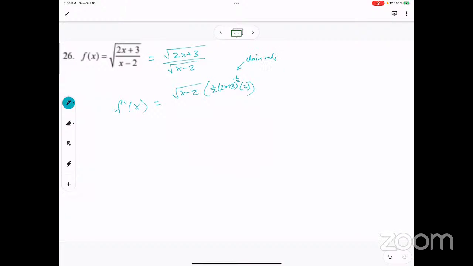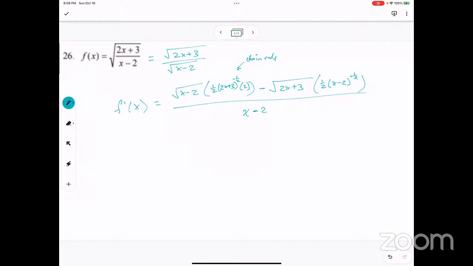Okay, minus high d low, which technically I don't really need the chain rule because the derivative of the inside is just 1. So really, I don't even need to do the chain rule. I just have to take the derivative of it, which is 1/2 x minus 2 to the negative 1/2, all over low squared, which is just going to make that go away.